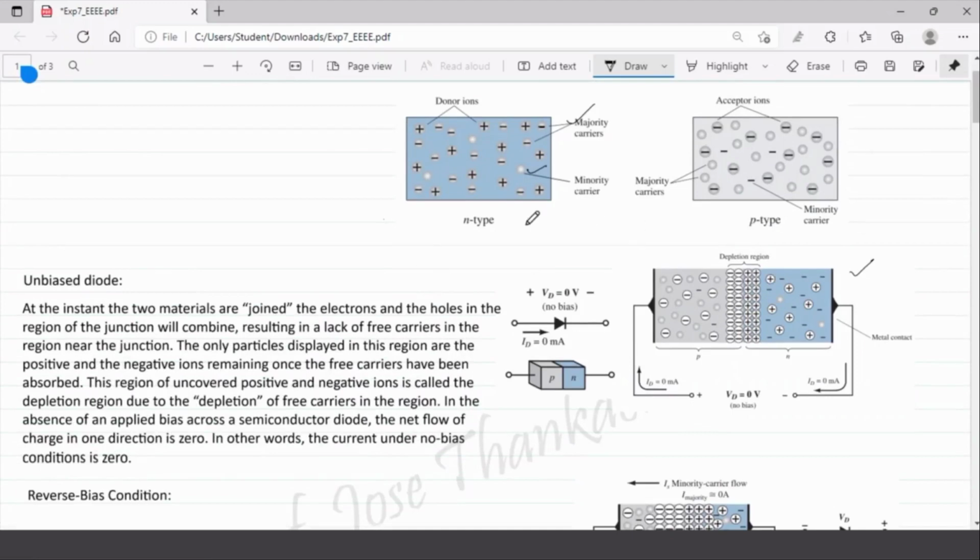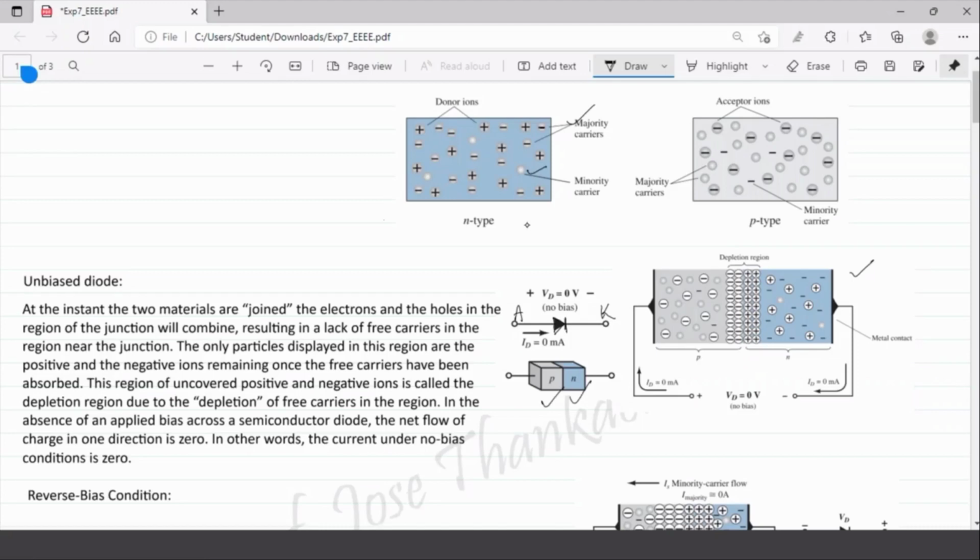How do we represent it? The symbol is, we all know, this is the representation of a diode. This is the anode and this is the cathode terminal. And how to show it in terms of semiconductors: this is a p-type semiconductor which is joined with n-type semiconductor. These are the two ways to represent it. The symbol form is the one which we generally use.